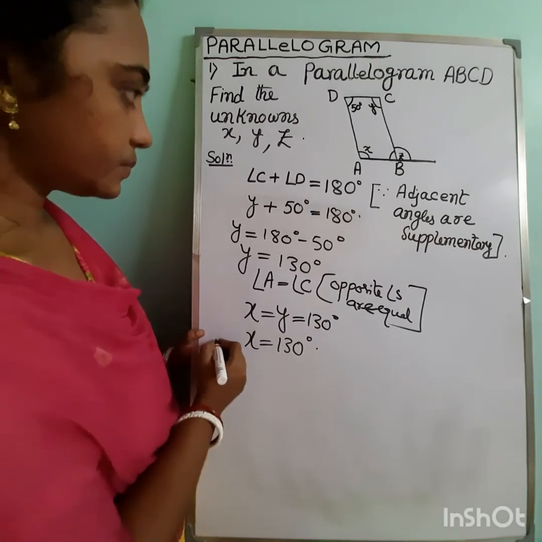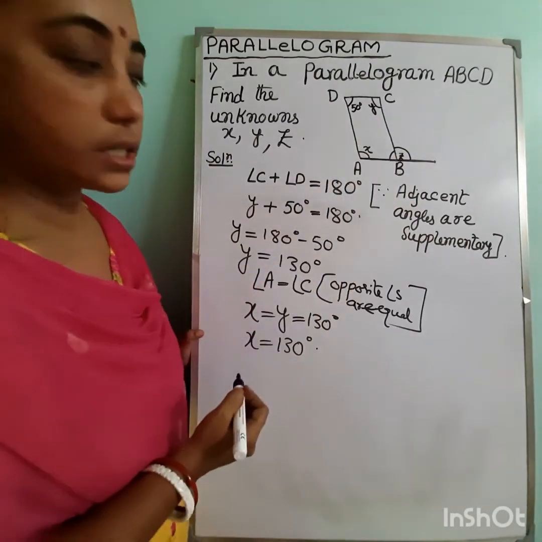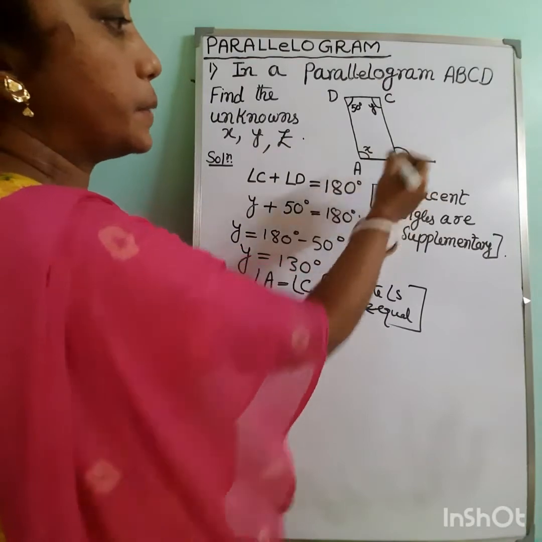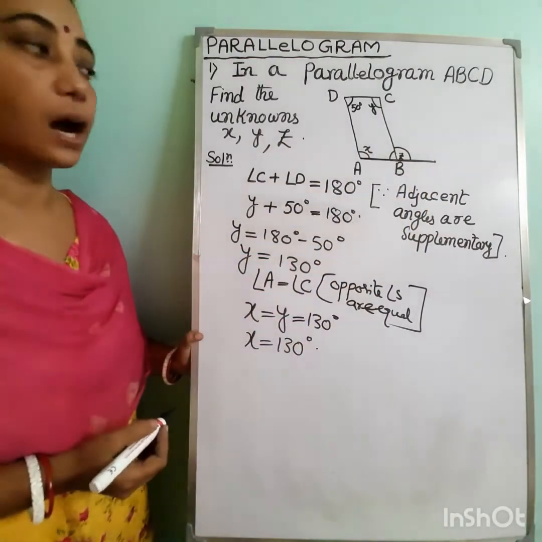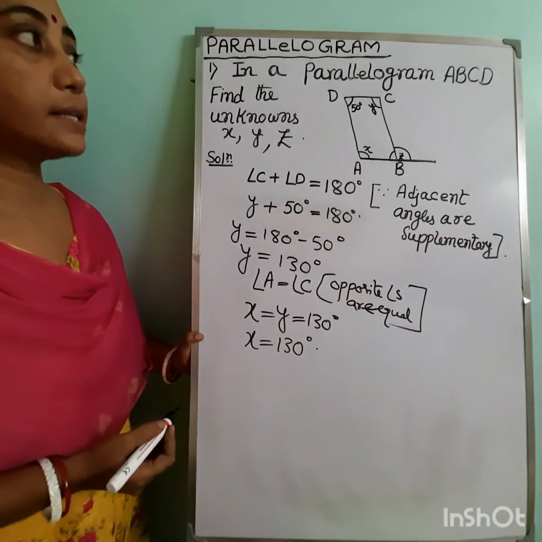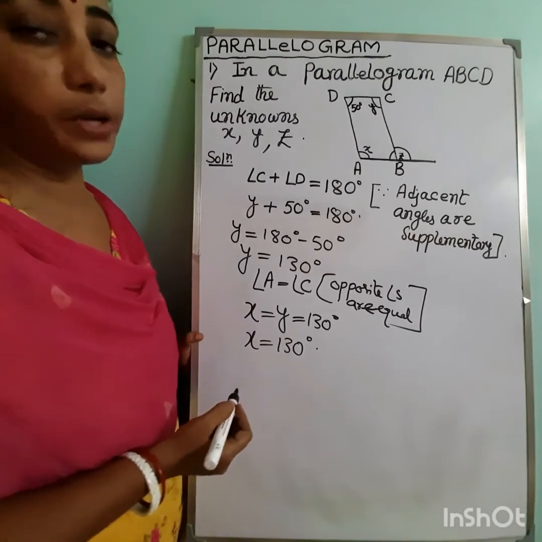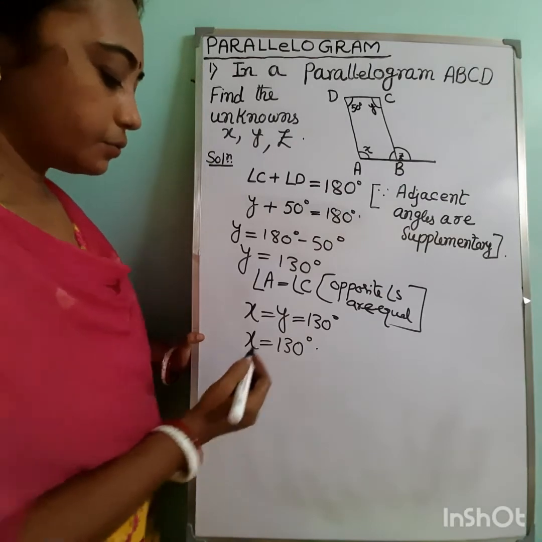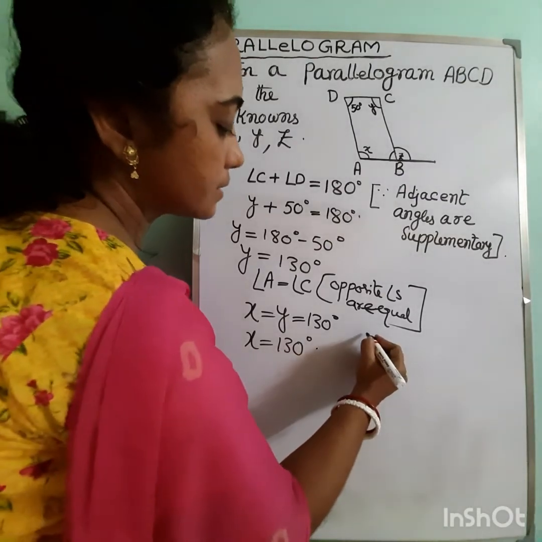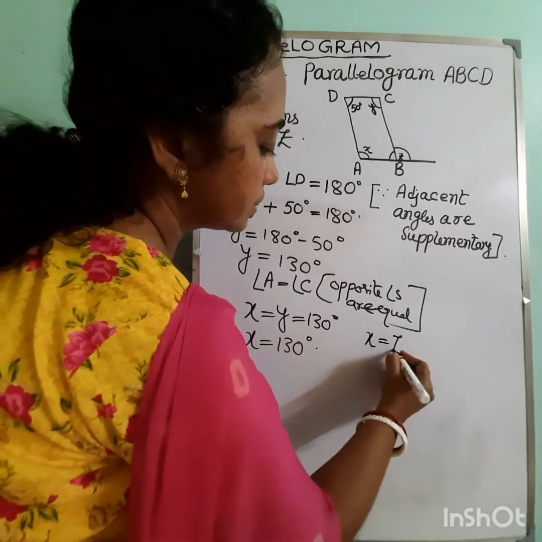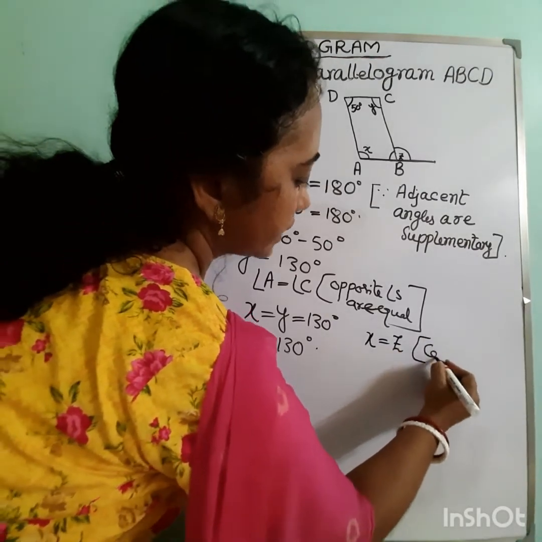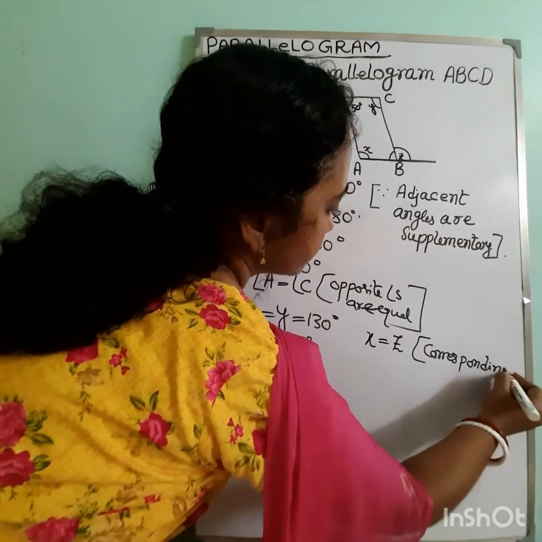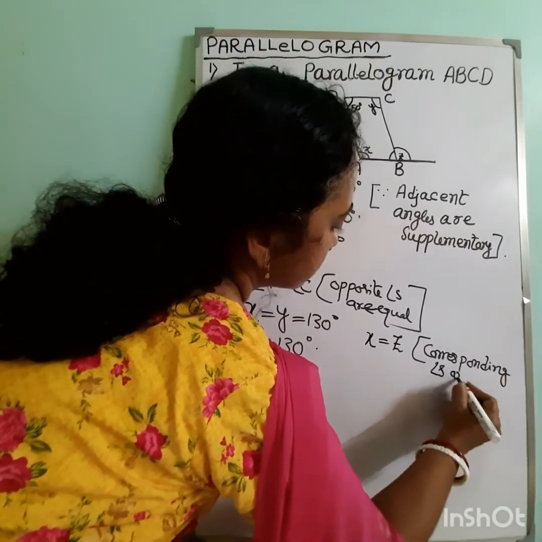Again, here x and z are corresponding angles because AD is parallel to BC and AB is a transversal. So z and x are corresponding angles. As AD is parallel to BC, we know that corresponding angles are equal. So here we can also write that x is equal to z because corresponding angles are equal.